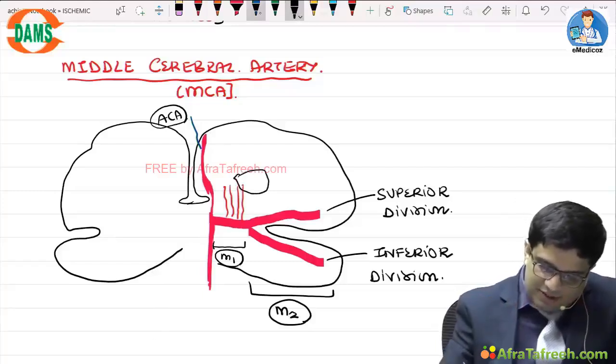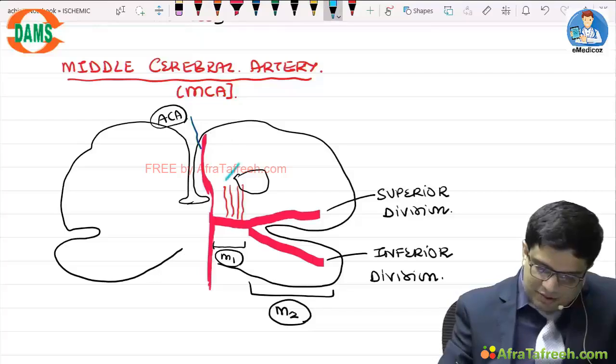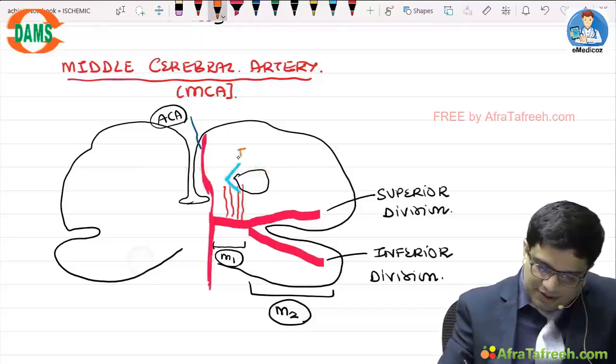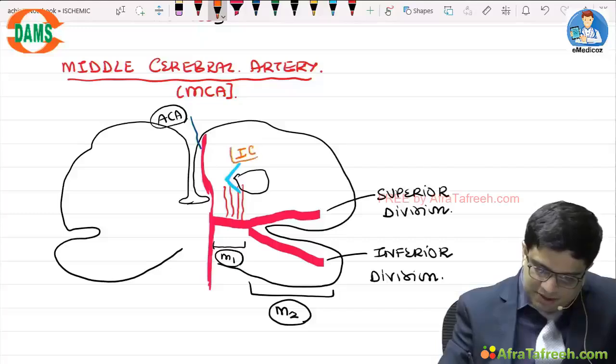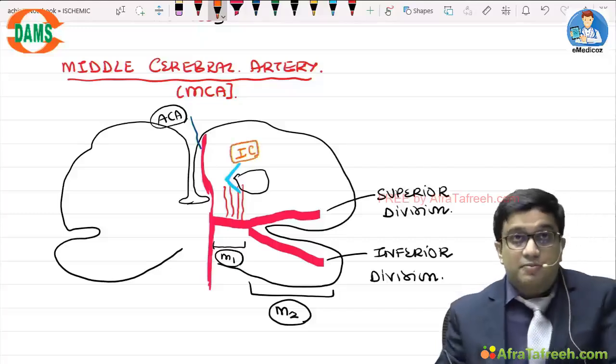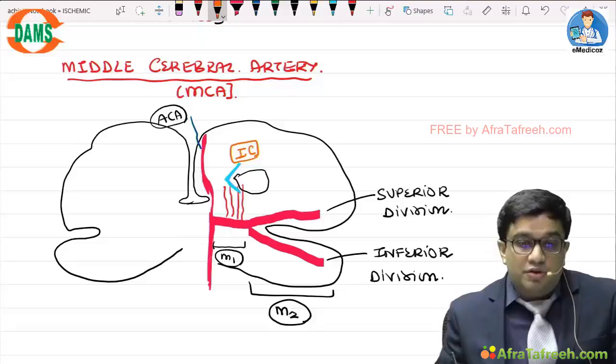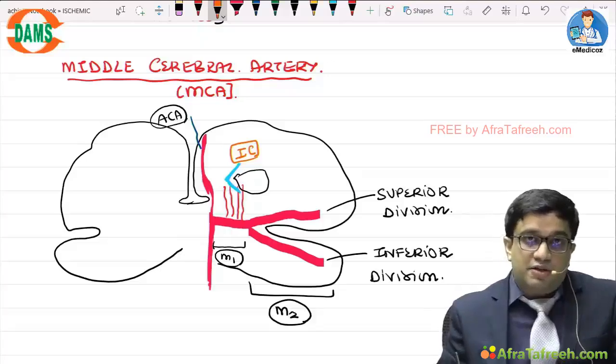Between the lentiform nucleus and thalamus, if you remember, something got sandwiched, the internal capsule or the IC. There are branches which supply the deeper structures, especially the internal capsule part, which I'm more worried about, and that's actually the posterior limb, which is very important, having all the corticospinal information there.